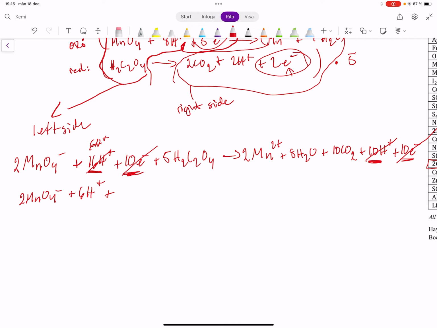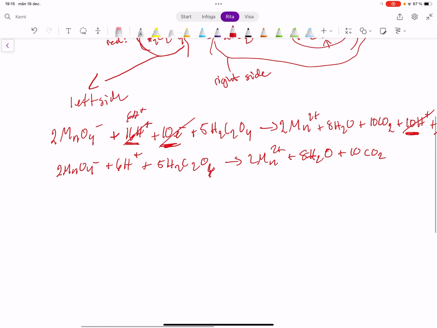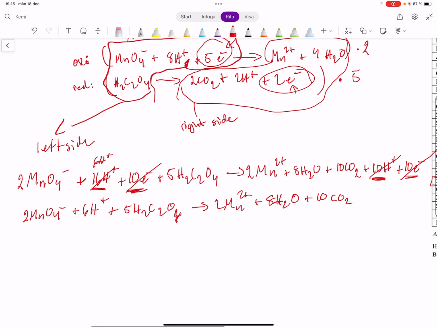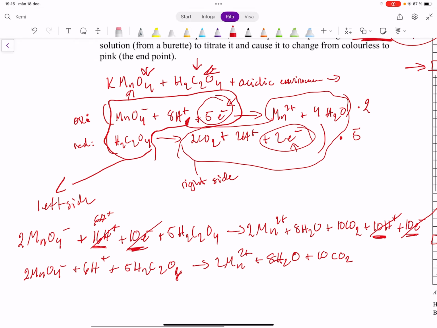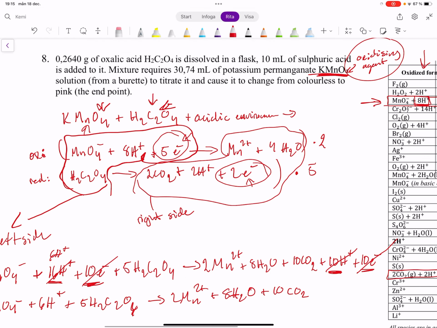Then you only have 5H2C2O4, and this equals 2Mn2 plus plus 8H2O, and then 10 carbon dioxide. Okay, and now you have a balanced reaction. This is how you balance redox reactions.